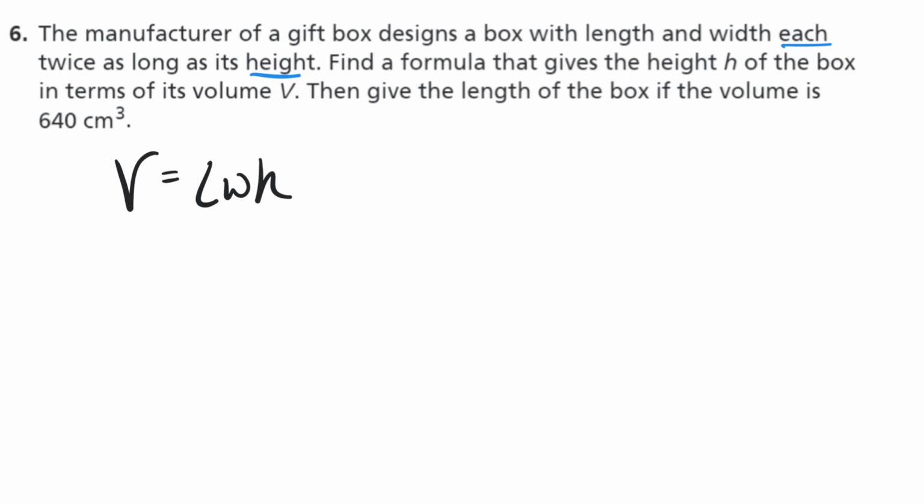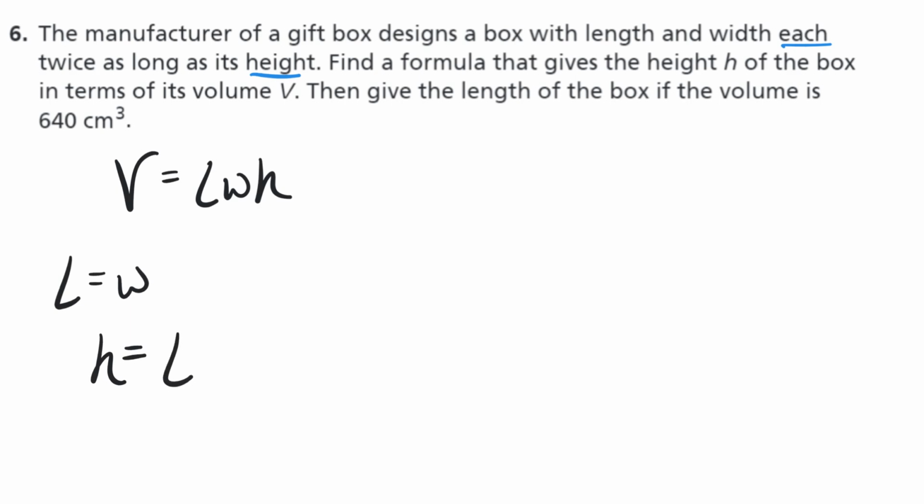Well, it tells us that the length and the width are obviously equal to each other because it says both are each twice as long. And we also know this, whatever the height is, the length is twice that.